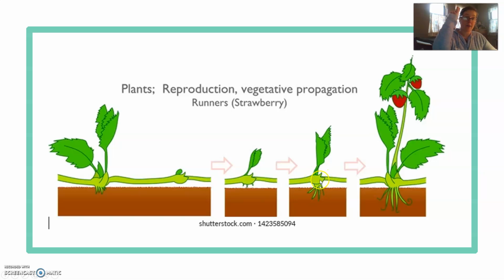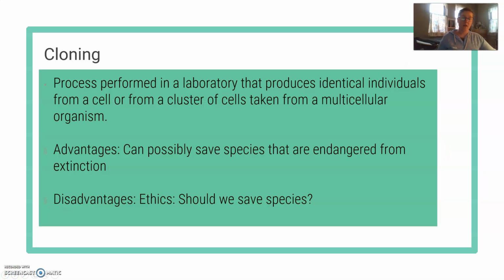The roots start to grow, and that plant grows upwards. And then a whole new plant with strawberries is going to grow. And if you were to cut this runner right here after these roots are grown, the plant would survive even though it's no longer attached to the parent plant. So it becomes a whole new organism, but genetically identical to the parent. All right.